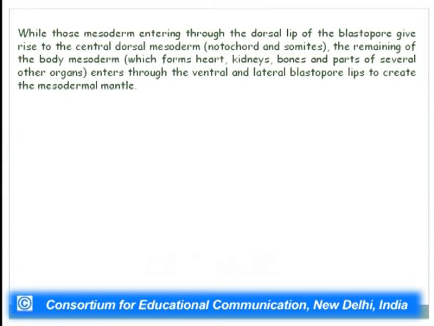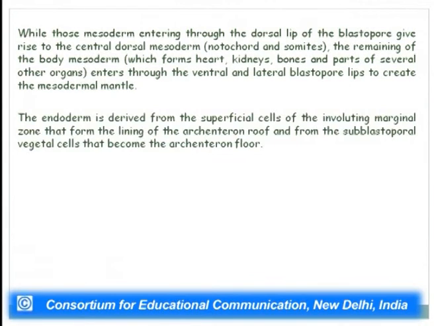So, the mesoderm which enters through the dorsal side usually gives rise to the notochord and the somites, and that is why it is called the chorda mesoderm, and the rest of the body mesoderm enters through the ventral or lateral blastopore lips. The endoderm is derived from the superficial cells of the involuting marginal zone that form the lining of the archenteron roof, and from the subblastoporal vegetal cells that become the archenteron floor.